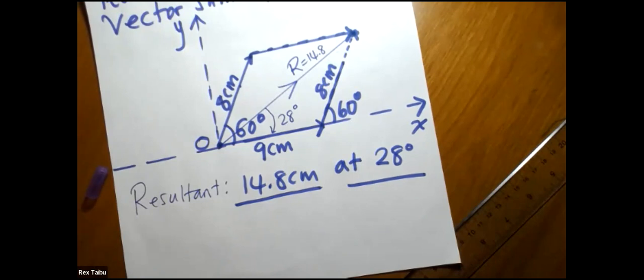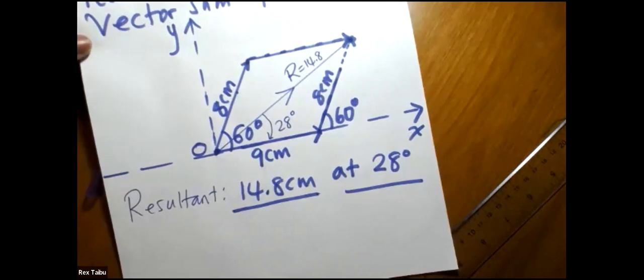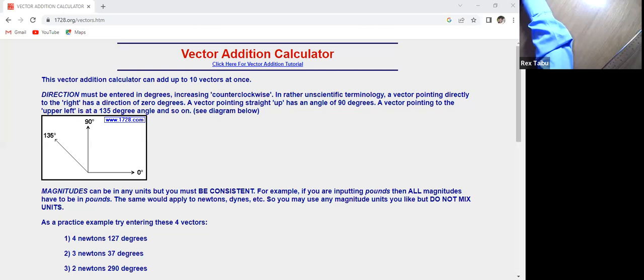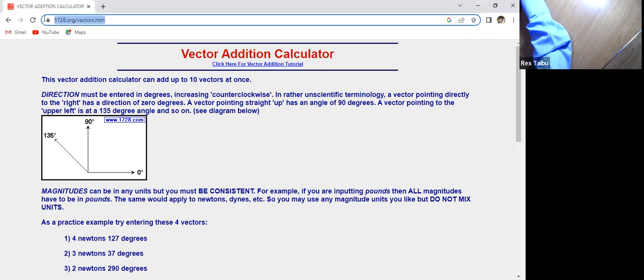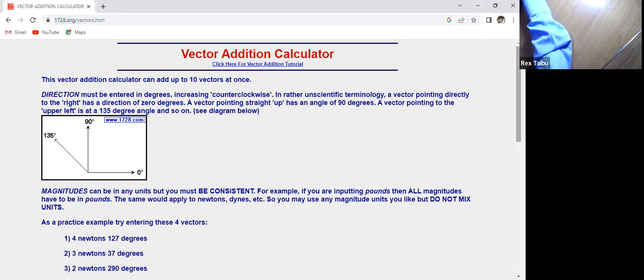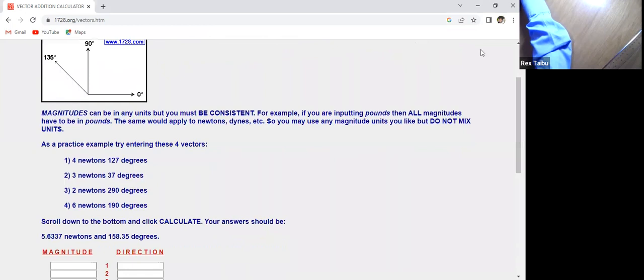Let's try to verify this using a vector addition calculator, which we can use online, and see how accurate we were. So I'll try to share my vector addition calculator. You can find it online.